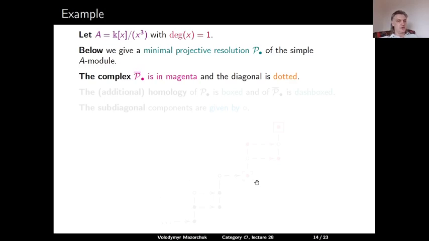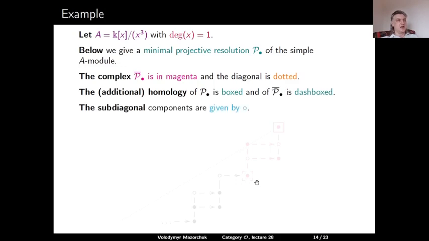And we will also show the homology of the original complex and the additional homology of the overlined part. And to show that the subdiagonal homology is zero, the subdiagonal components are given by unfilled circles.